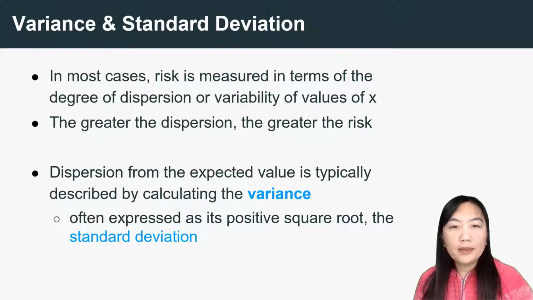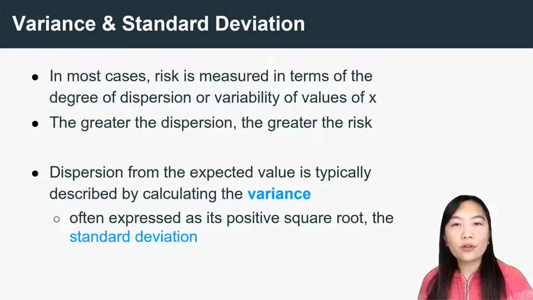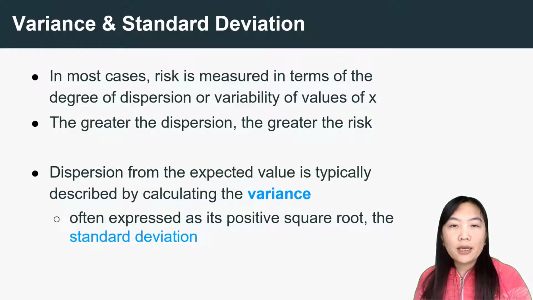We barely started with variance in the last lecture. We did talk about mean or expected value in the last lecture, and that is more about the central tendency when you have risky outcomes. Variance is another measure of risk.